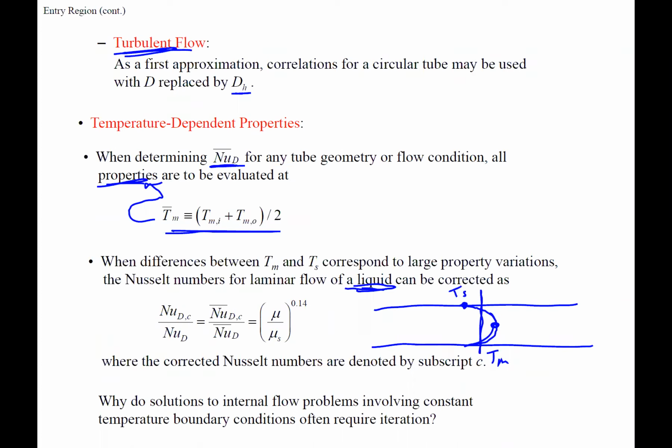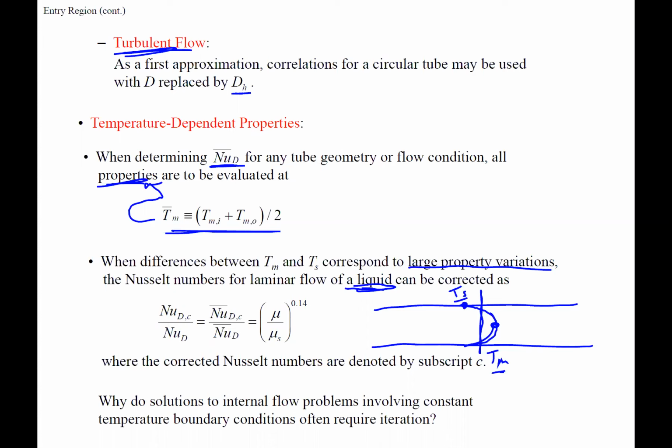With some fluids, particularly liquids like oil, the temperature difference from your mean to your surface might only be 100 degrees Celsius, or 100 Kelvin, but the properties have large variations. It might be an order of magnitude difference in viscosity, or even orders of magnitude.